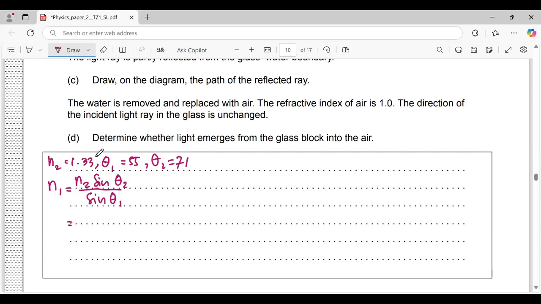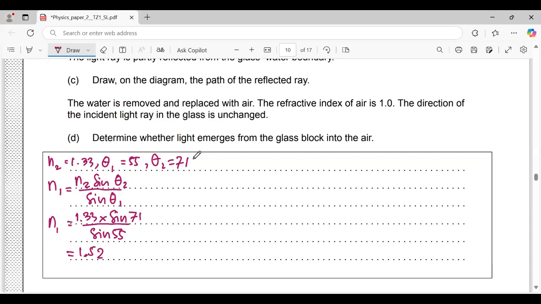If we substitute this data into this formula, N1 will be 1.33 times sine 71 over sine 55. The result is 1.52. This is the refractive index of glass.